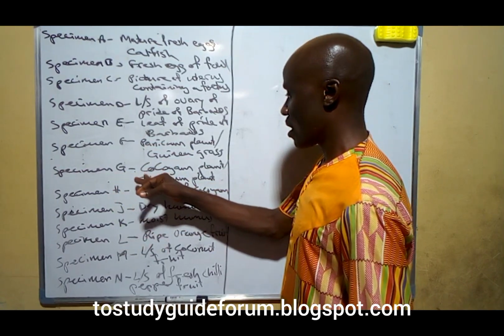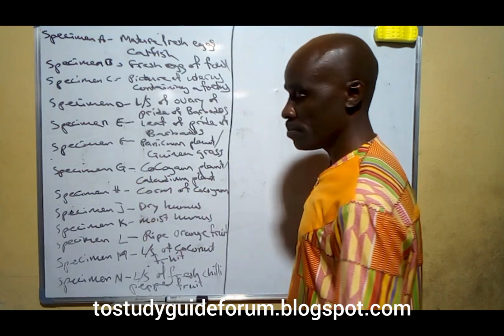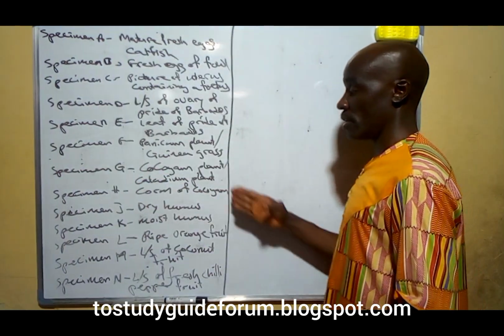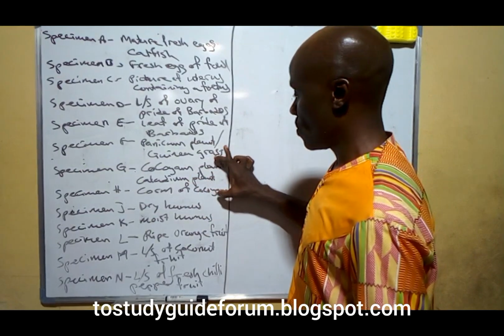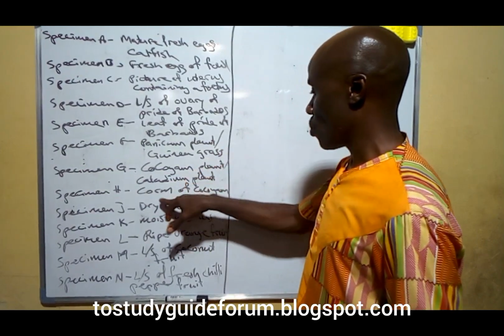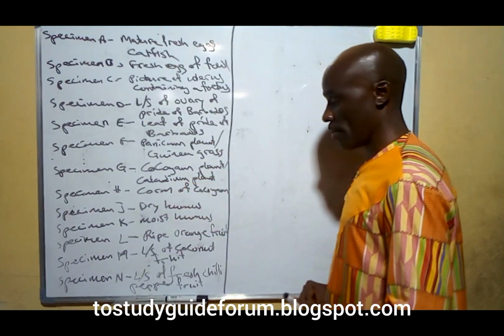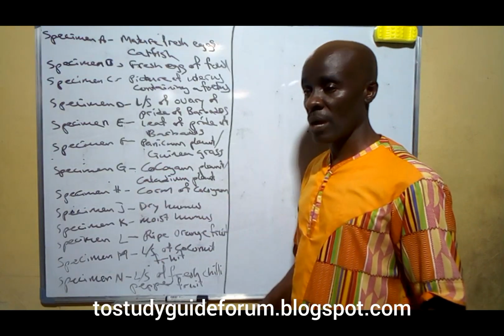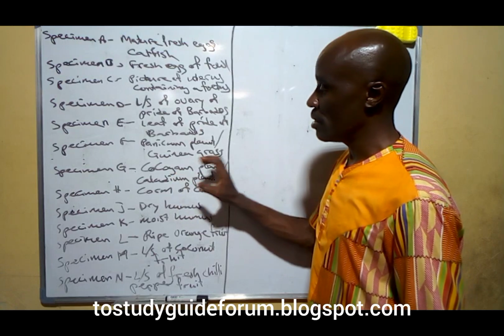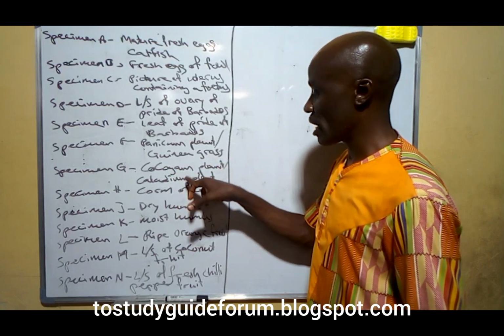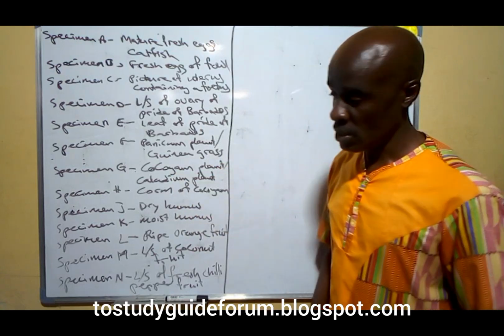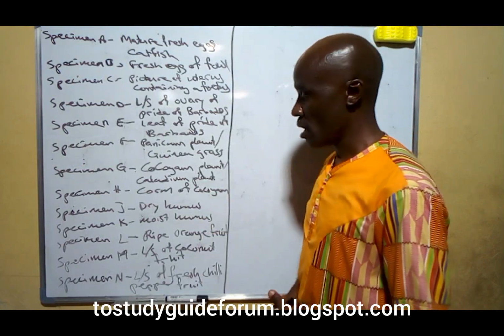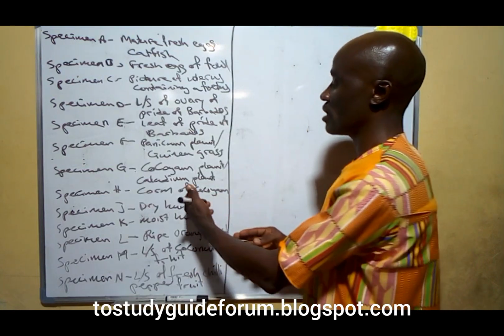So you go down a bit to specimen G and H. The cocoyam corm and the cocoyam plant have something in common in the sense that this is coming from the cocoyam itself, and it undergoes a kind of vegetative reproduction. It's used for vegetative reproduction, and we can look at it the other way around.